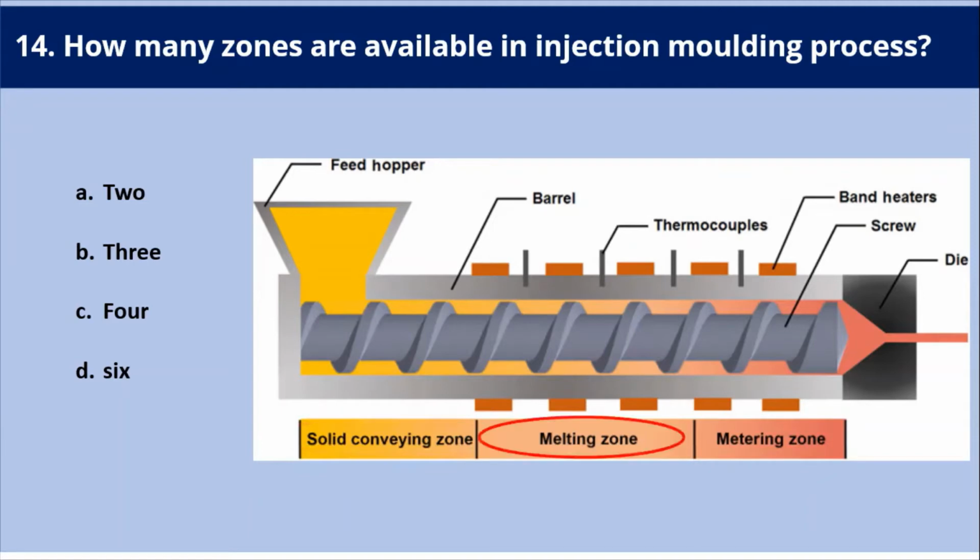And in the melting zone, which is also called a transition or compression zone, most of the polymer is melted in this section. And the third zone which we are looking at here is the metering zone, which is also called the melt conveying zone. This zone melts the last particles and mixes to a uniform temperature and composition, and that's why our answer in this case is 3, because there are 3 zones available in the injection molding process.